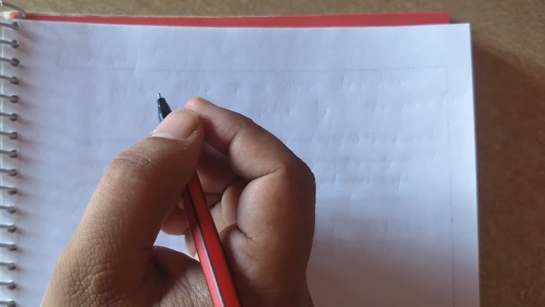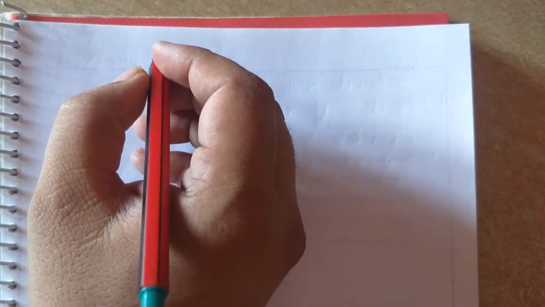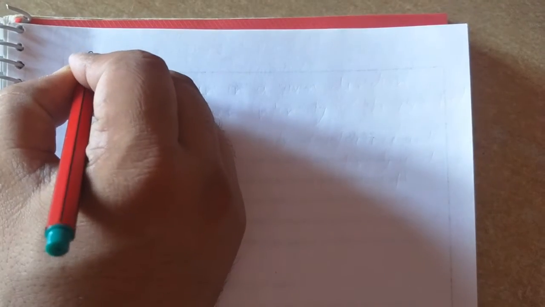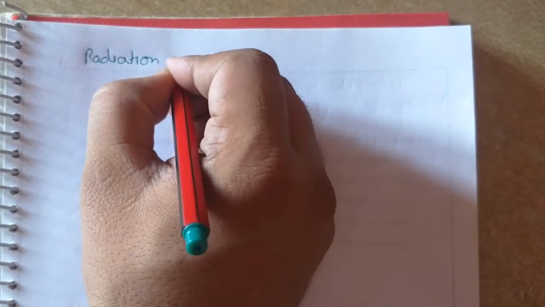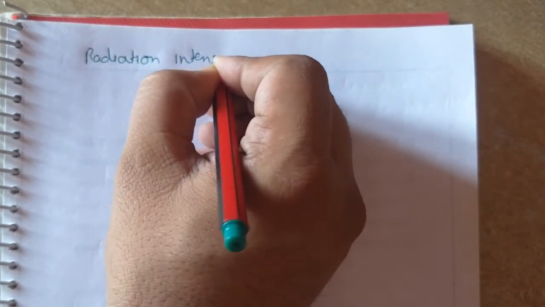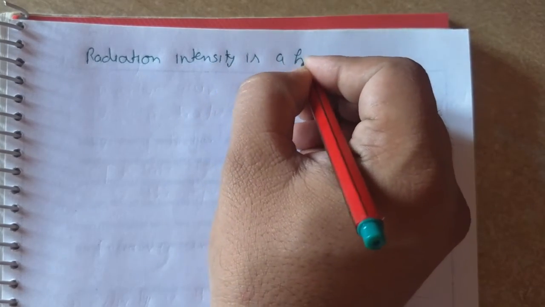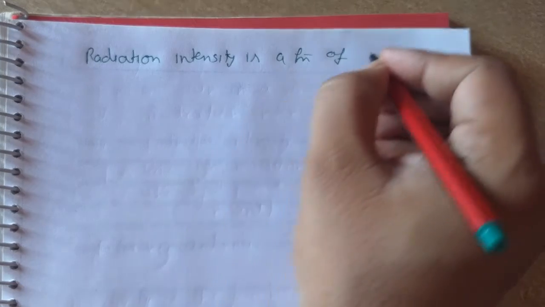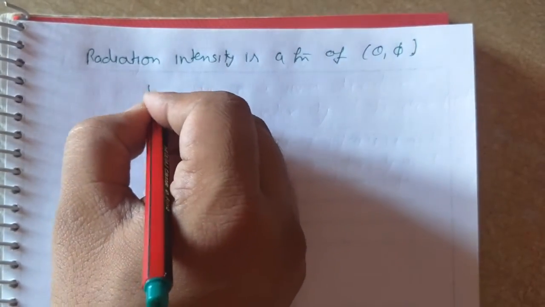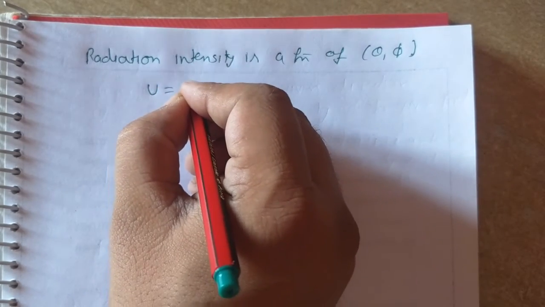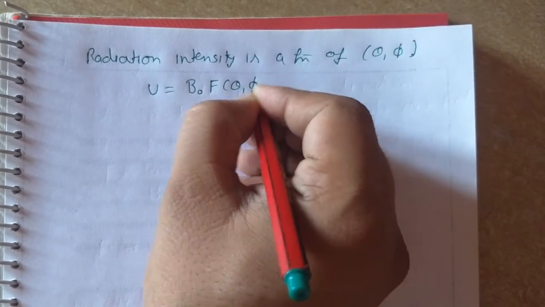Radiation intensity is a function of space coordinates theta and phi. So we can write like that: U is a function of some constant B naught and a function of theta and phi.